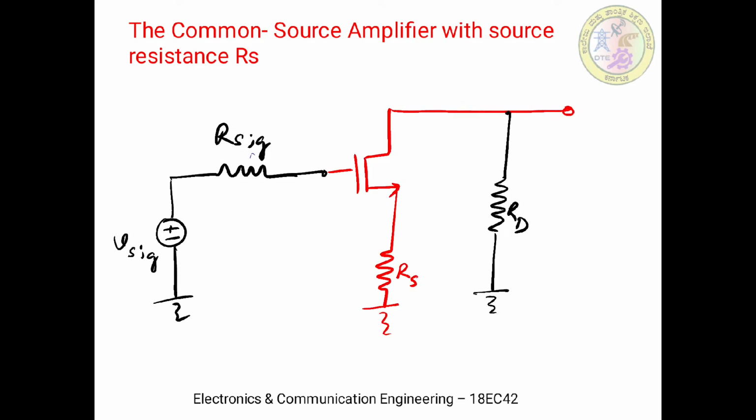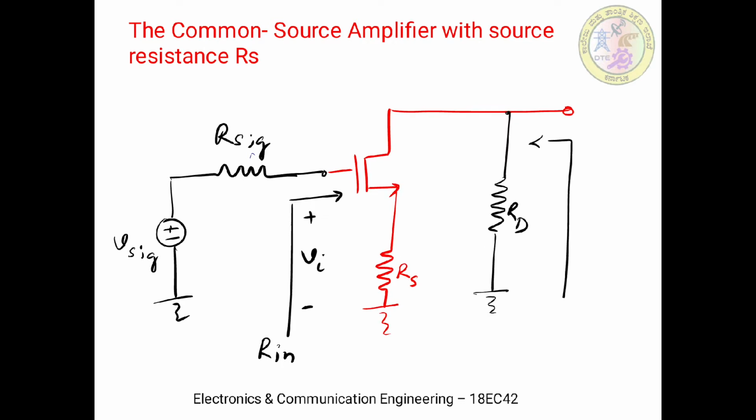We will mark the input Vi as well as this is the point where we are going to take Rin, and here also at the output terminal, so we are going to obtain V0 plus minus, and here we are going to see what is the output resistance R0.